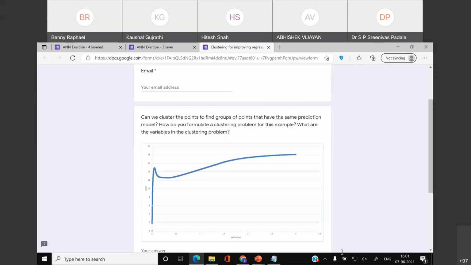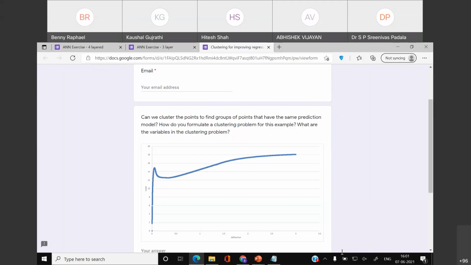But in the prediction problem, you are given only the deflection and you want to find out the load. And now you want to find out which cluster this belongs to. If you are doing clustering using load and deflection, the new point cannot be classified into any of the clusters, right? Because you don't know the value of load, you know only the deflection. So, that's why you may not use both load and deflection for forming the cluster.